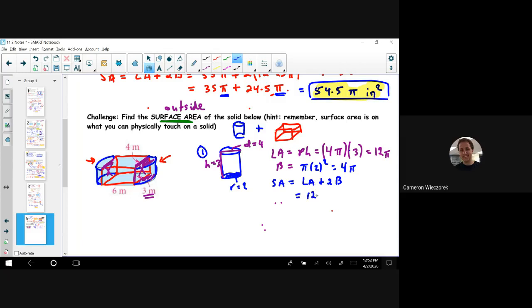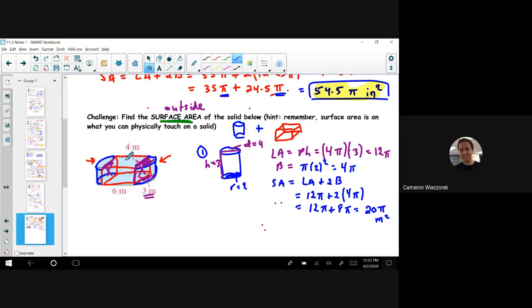Lateral was 12 pi plus 2 times the base area, 4 pi. So this would be 12 pi plus 8 pi, which is 20 pi meters squared.